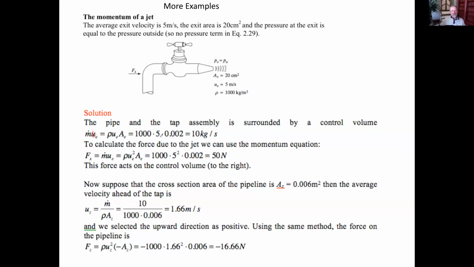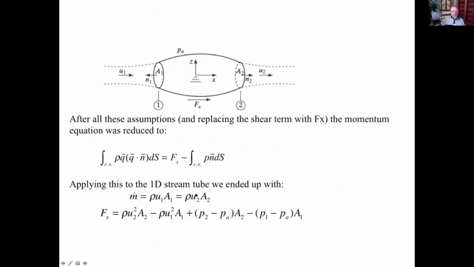Okay, the mass flow rate is rho U E, which is the first equation. Density of water, velocity of the jet, area of the jet: 10 kilograms per second. That's what's going out. Now we use the formula for the force. If I go back to the previous page, in the force there are no pressure terms. There's only the out term. The in term doesn't exist because nothing goes in.